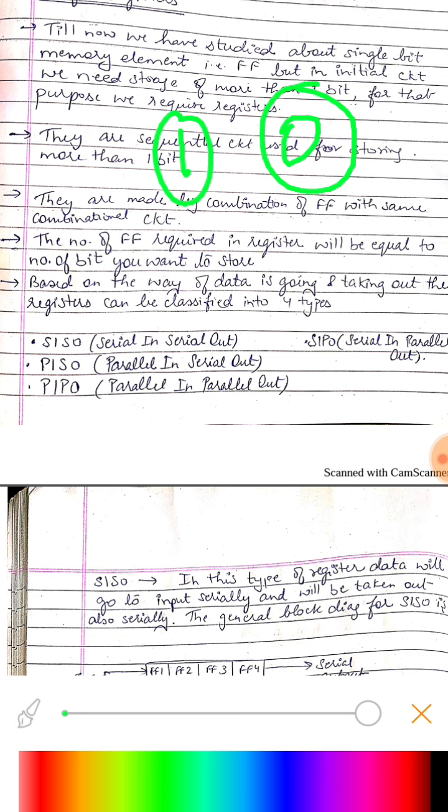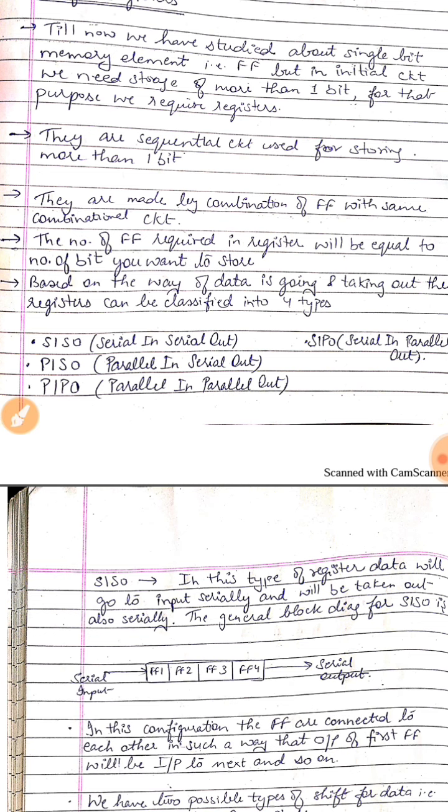So today we are going to study registers, shift registers. Shift registers are basically used to store more than one bit of information. Sometimes in sequential circuits we need to store more than one bit. A flip-flop can be used to store only one bit, but with a combination of flip-flops we can store more than one bit.